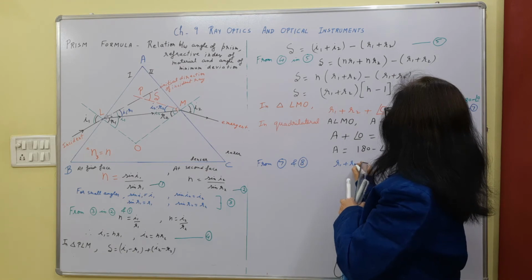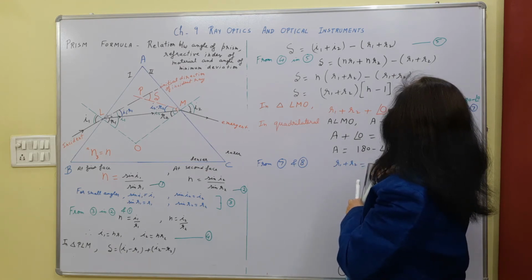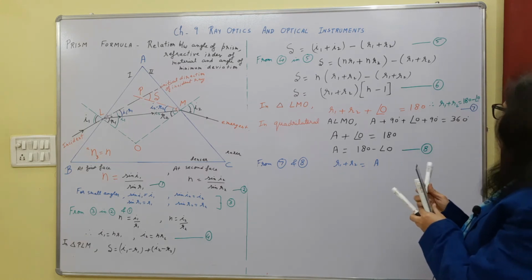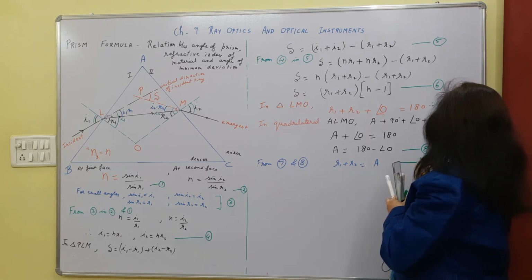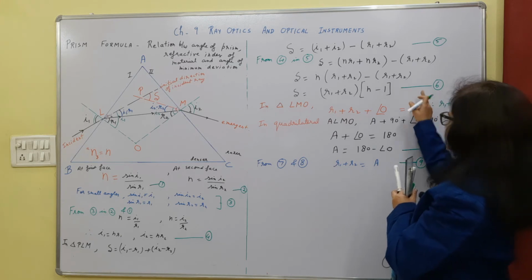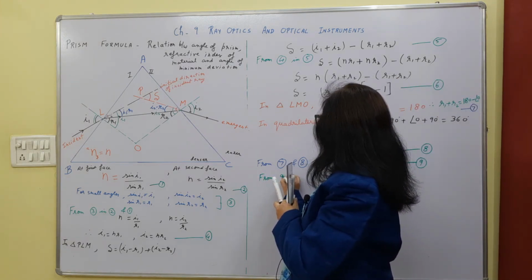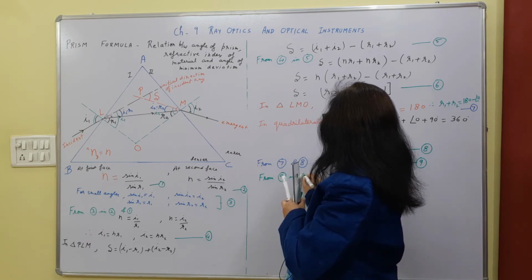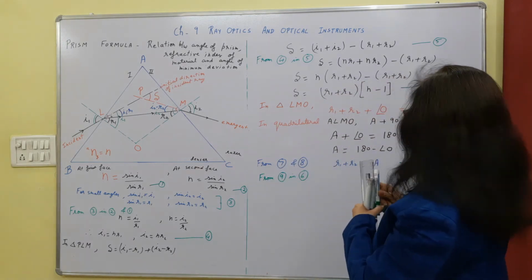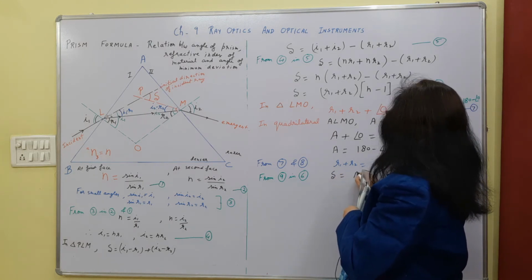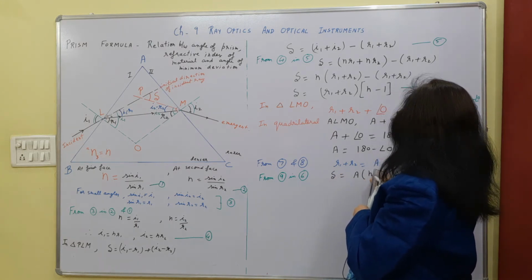R1 plus R2 is equal to angle A. Let's mark this as 9. From 9 in 6, what will I get? Delta is equal to A times n minus 1.